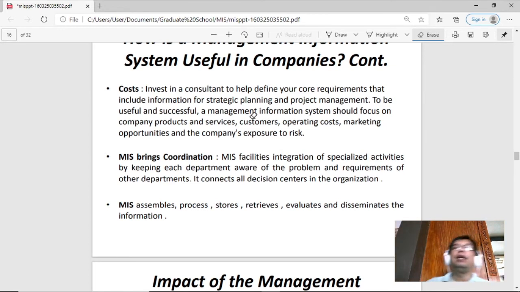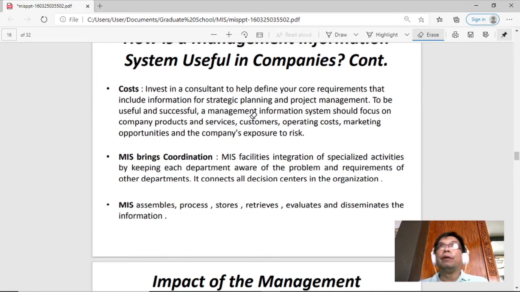MIS brings coordination. MIS facilitates integration of specialized activities by keeping each department aware of the problems and requirements of other departments. It connects all decision centers in the organization. If we have an MIS, as we all know, data of other departments can also be used by other departments, or there's a relationship.